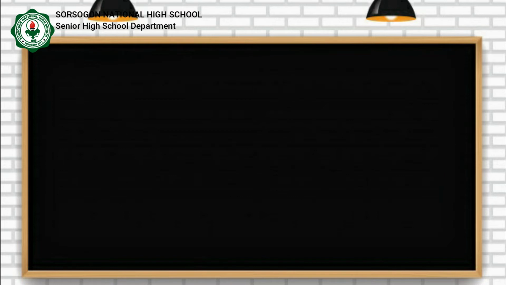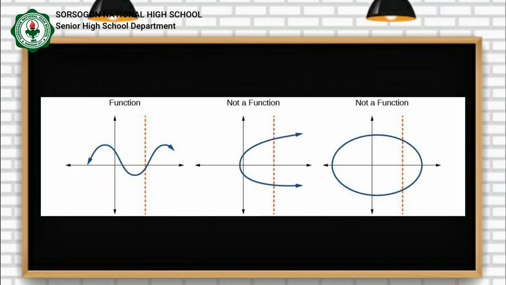Let's take a look at the following examples. As you can see, when a vertical line was drawn on the graphs, the line intersected the given graph at exactly one point. When this happens, the given graph is a function. Otherwise, it is not a function.